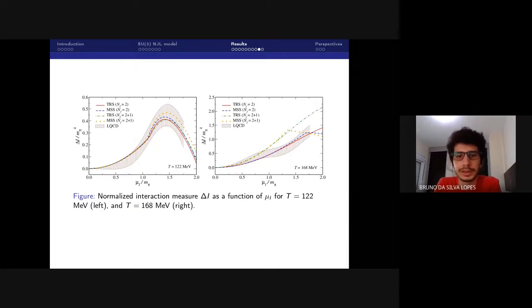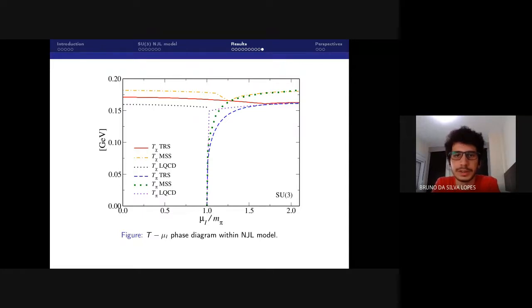And for the interaction measure or trace anomaly, we can see all the results are within the band for low temperature. And for high temperature, the SU(3) results are slightly off, but the MSS results get closer to the lattice for high mu I.